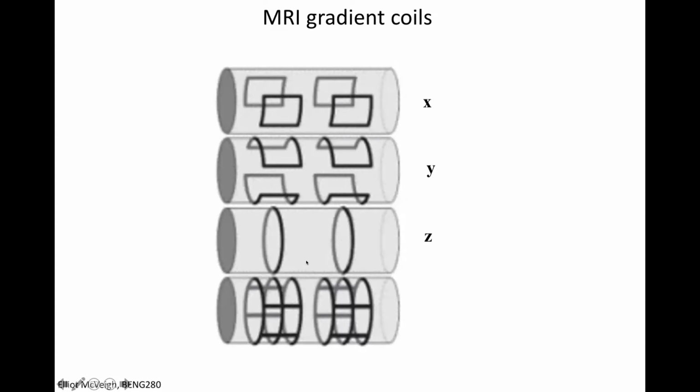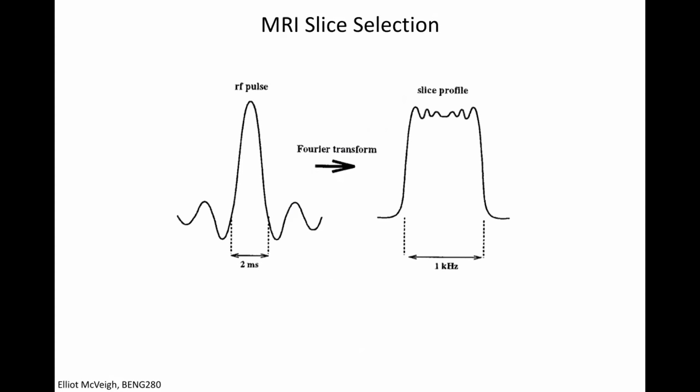So if I can essentially limit my frequency bandwidth of my RF to 64 megahertz plus or minus some very small number, I will get a thin selected plane of protons that will be excited by this RF pulse. And the way that excitation is done is you modulate your radio frequency pulse with a sinc function. That sinc function has a specific width that after Fourier transformation is a specific frequency width, right?